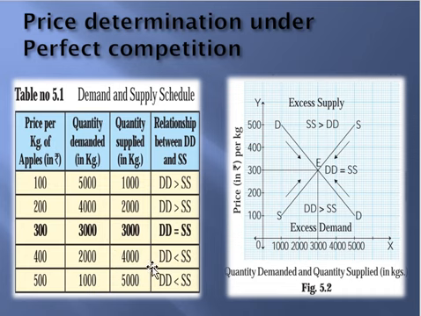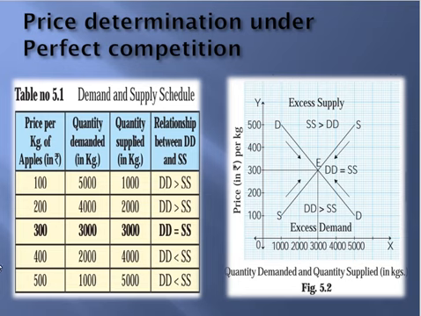Demand is lesser than supply. And when the price is further increasing from 400 to 500, the quantity demanded is 1000 kg, whereas the quantity supplied was 5000 kg, which again shows that the demand is lesser than the supply.